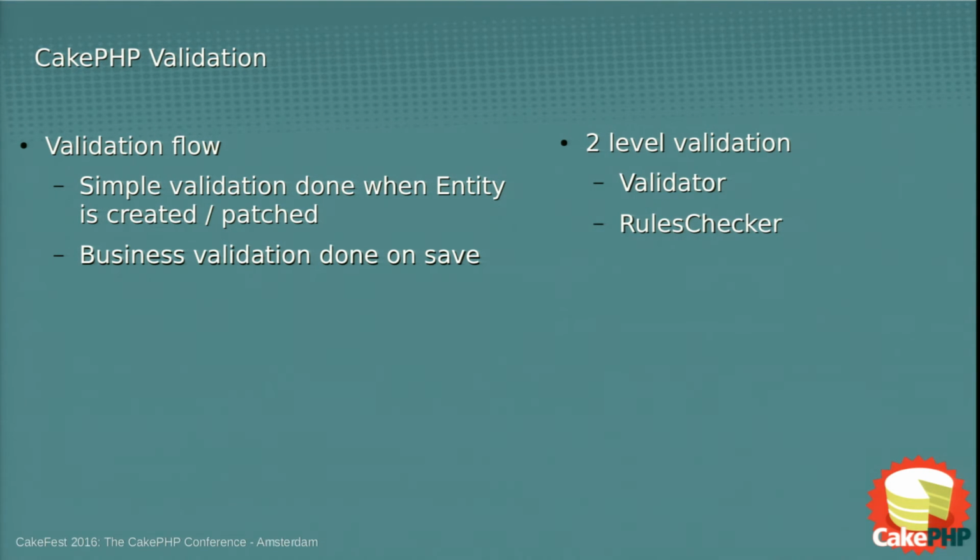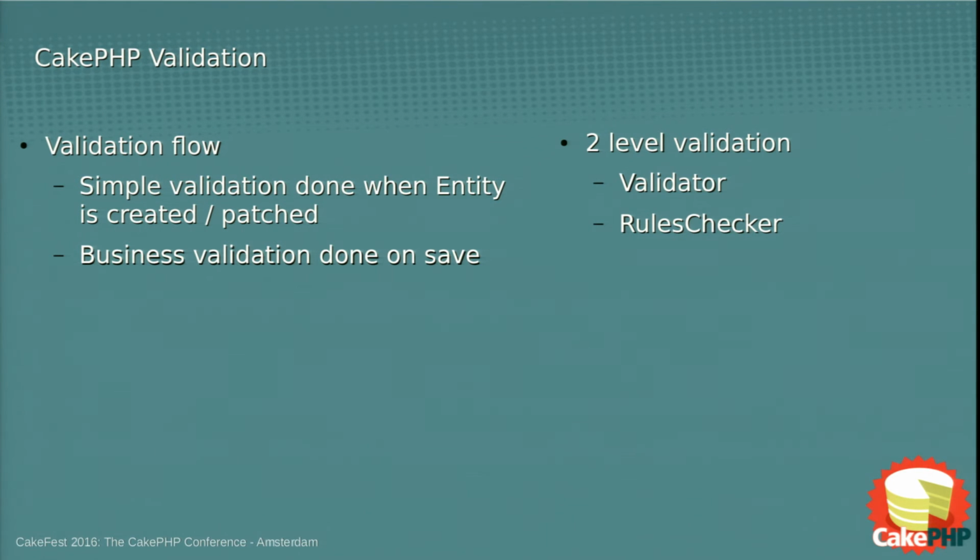Okay, let's go through validation quickly. We have two levels of validation: the validation that is done at the entity level and the validation that is done at the rules or business level. Keep in mind, one thing could be valid at one time and not valid at another time in the execution of your code.